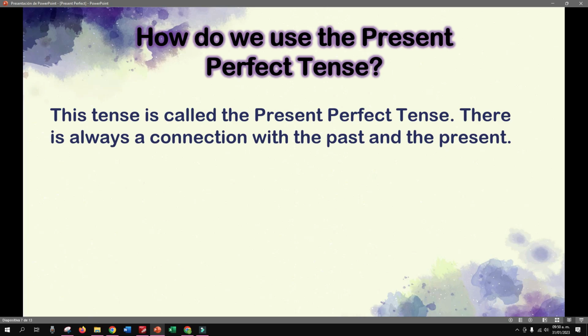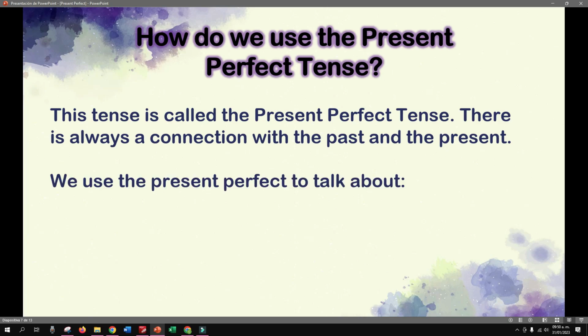The action or something is going to happen or happened in the past, right? But still continue in the present. So that is like the main base of the present perfect tense. Something happened or started in the past but continues in the present.